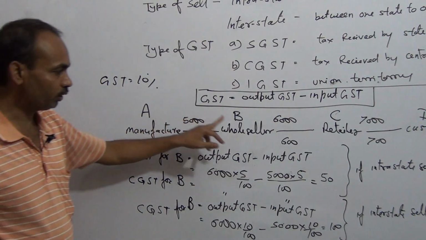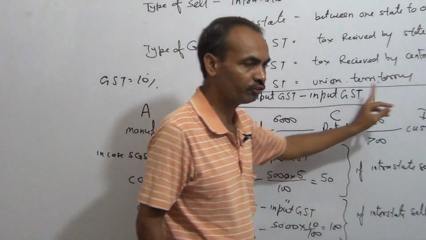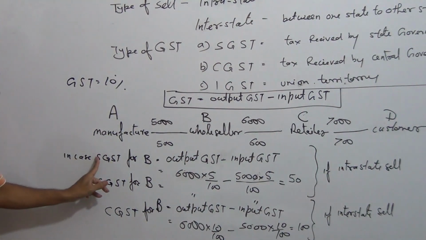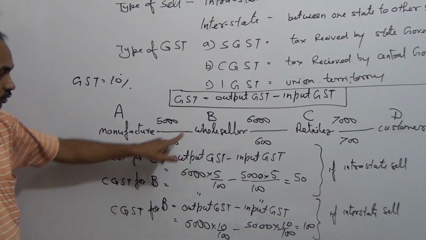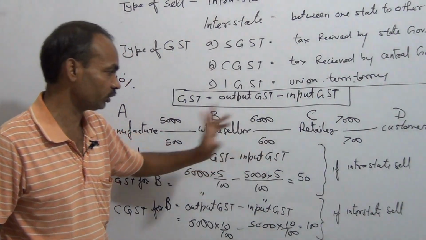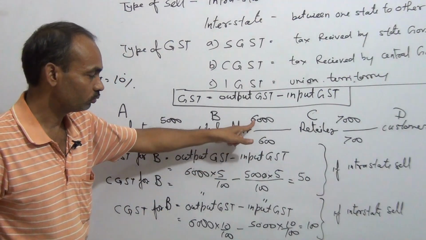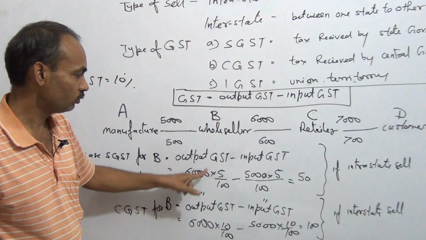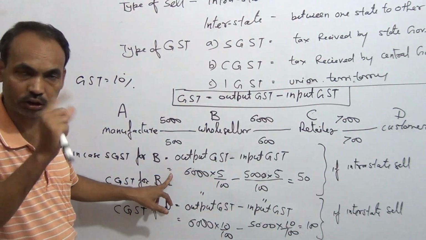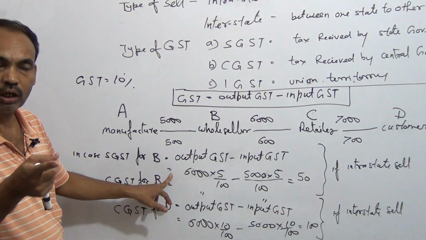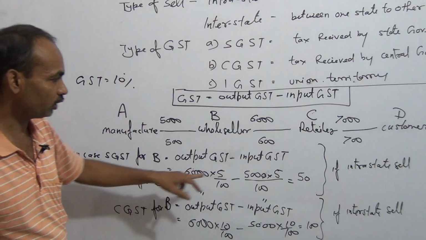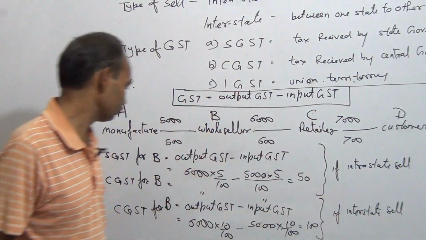A sells to B, B sells to C, and C sells to D. For SGST for B the wholesaler, output GST minus input GST, output 6,000 at only 5%, because 50% of the GST goes to the state government and 50% to the central government, since it is intra-state selling.